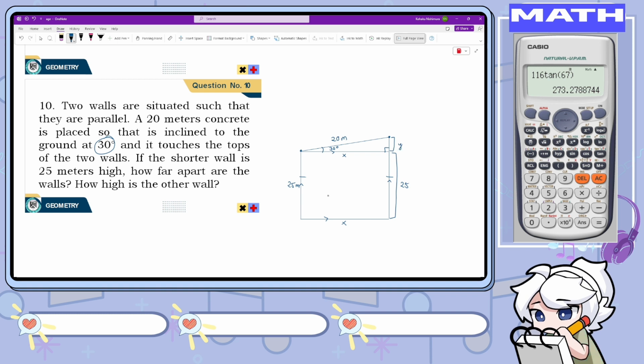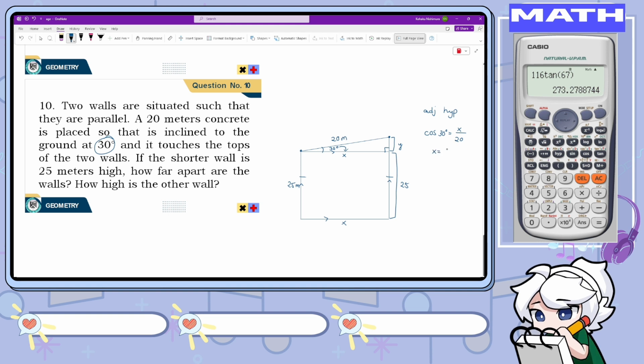Now, let's try to solve x first using this one. Let's just focus on this triangle. With respect to 30, x is our adjacent, and with respect to 20, that is our hypotenuse. Thus, if we want to solve for x, we use cosine. Cosine 30 is equal to adjacent x, our missing one, over hypotenuse of 20.